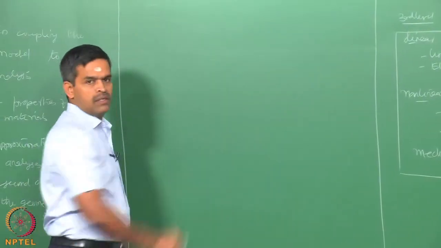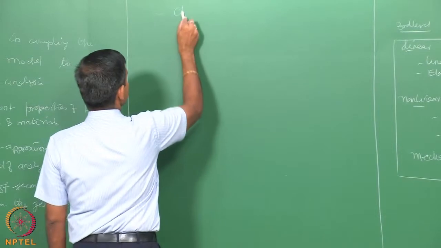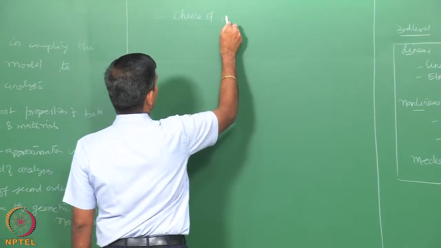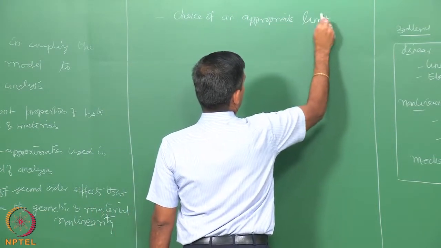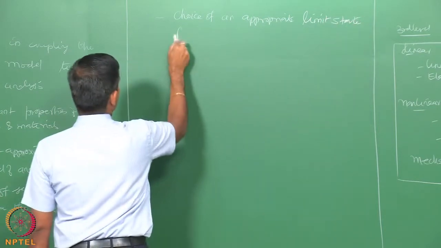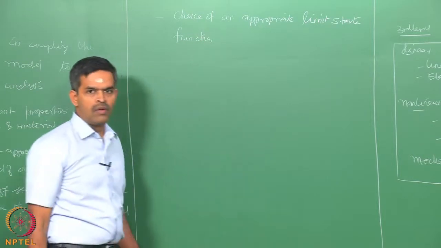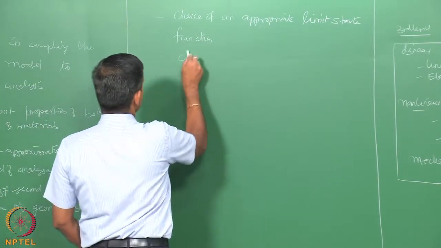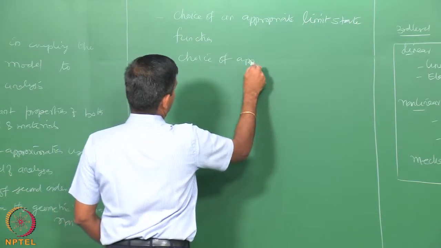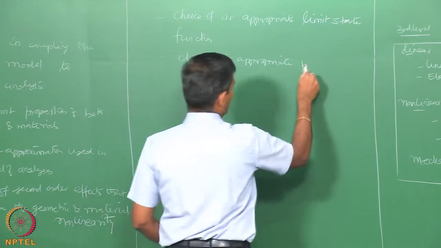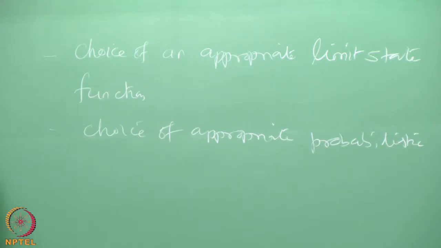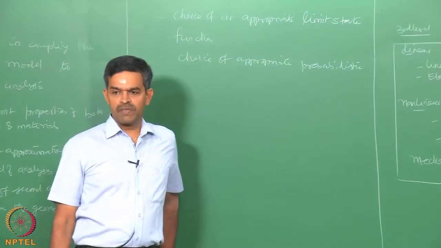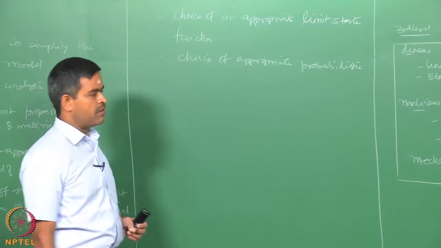Further, the factors could be choice of an appropriate limit state function, and choice of an appropriate probabilistic model, because in the last lectures we could see what kind of distribution or probability density function can represent invariably the best way of expressing the random variables, Weibull distribution, Gumbel distribution, etc., which we discussed in the last lectures.